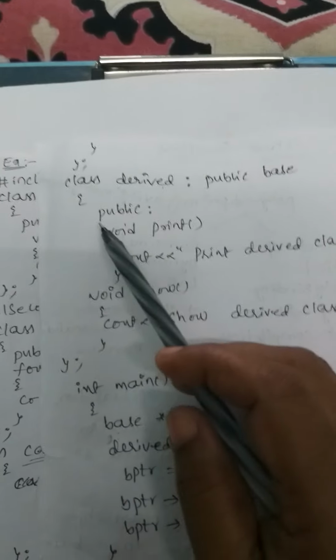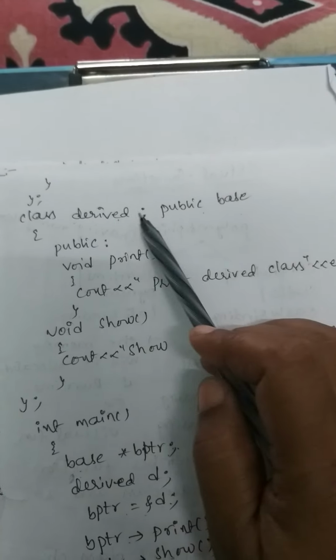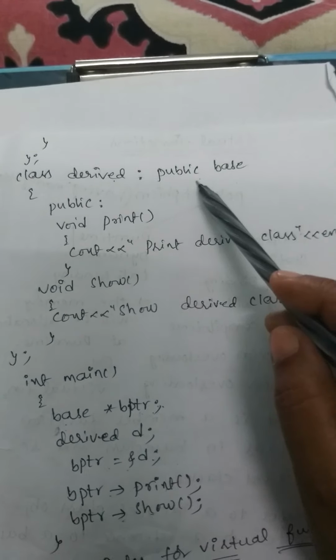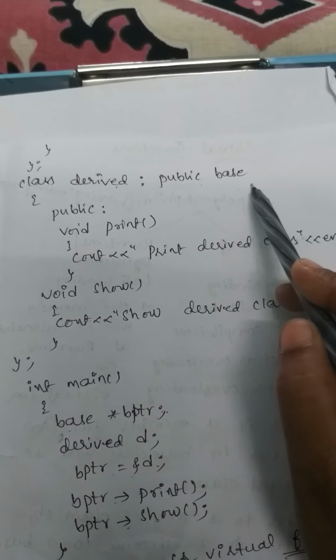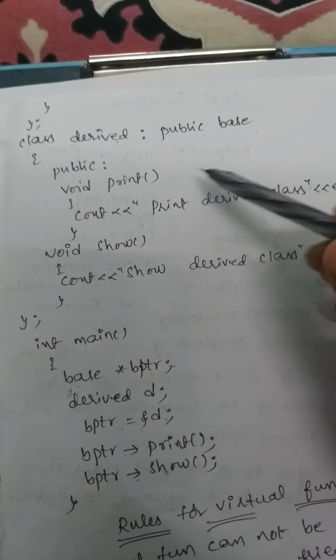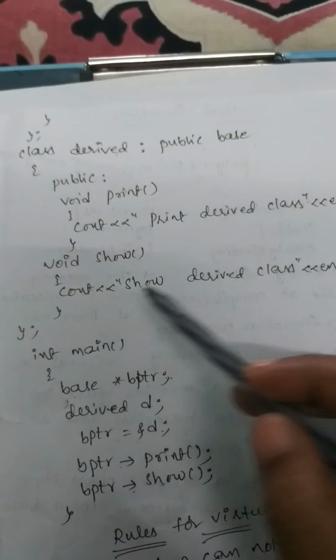Next, you have to create one more class. This class, derived, is a derived class, inherited from the base class. In the derived class also you have to use the same functions, the print function and the show function.